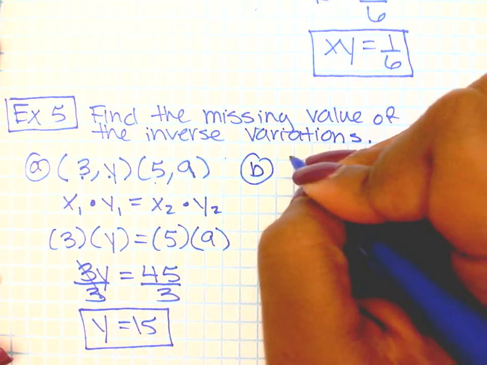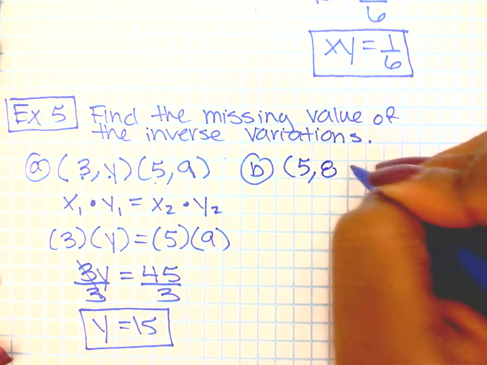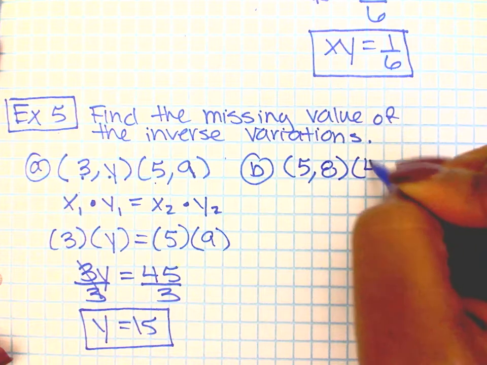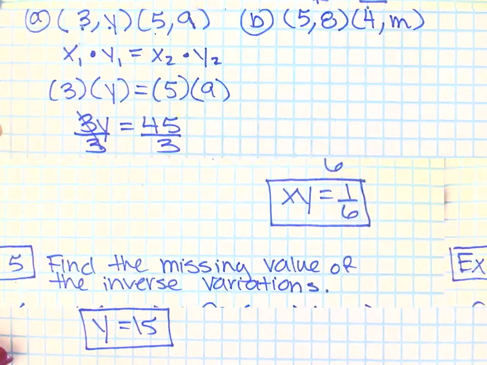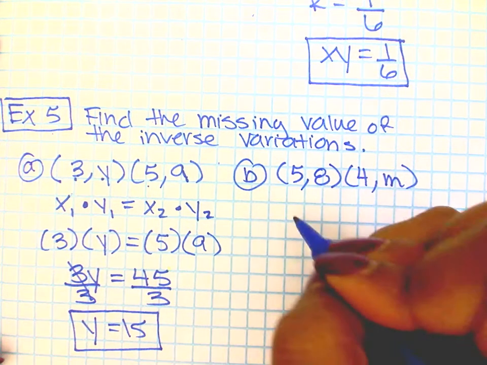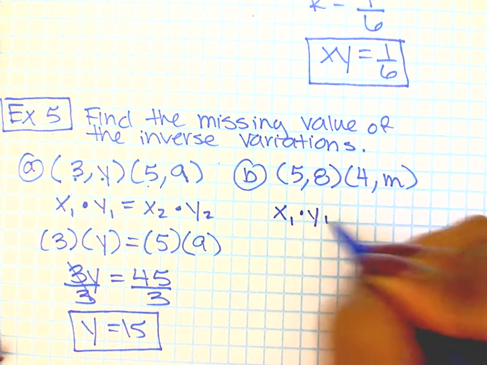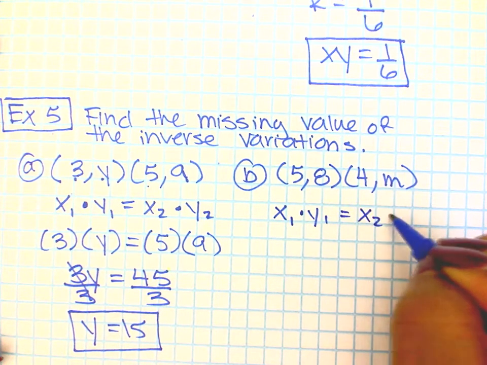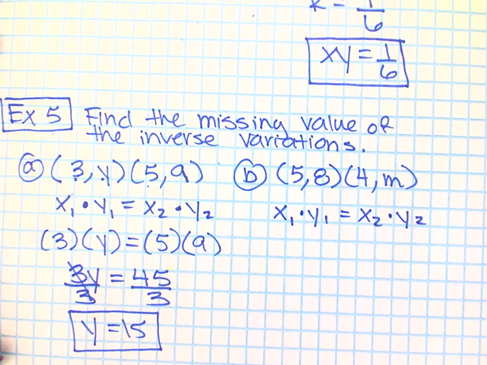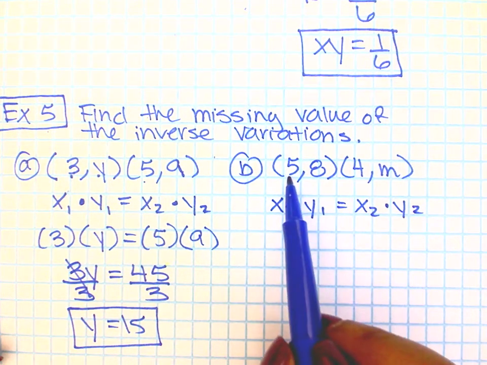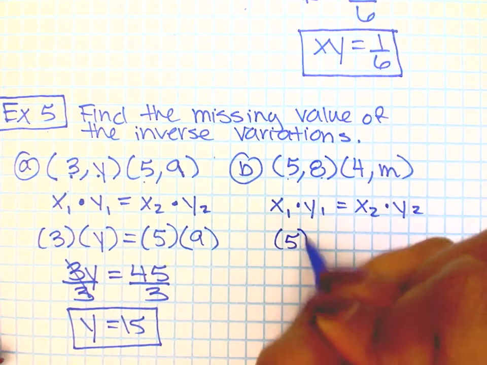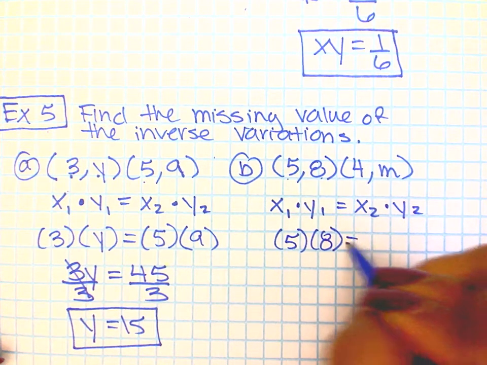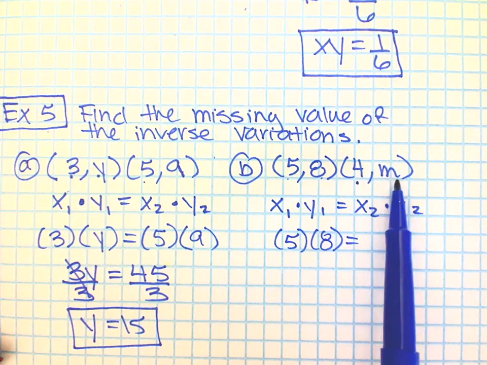Okay. What about 5, 8, and 4m? So again, I'm going to take x1 times y1 equals x2 times y2. That's easy. 5 times 8 equals 4 times m.